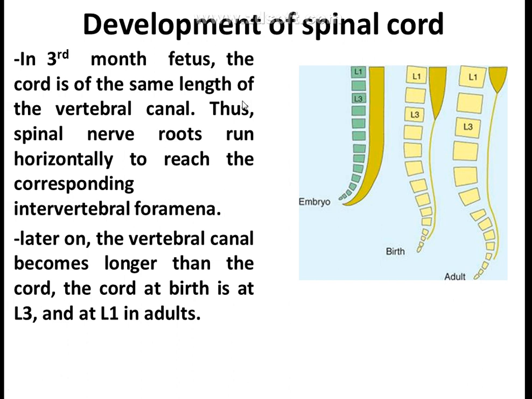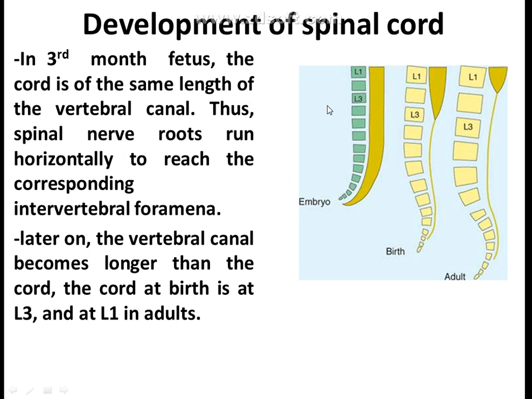This is in the embryo or fetus till the 3rd month of development. In that situation, the spinal nerve, for example this one from the L3 segment of the spinal cord, exits from the intervertebral foramen below L3. So the spinal nerve from the L3 segment will pass below the L3 vertebra via this intervertebral foramen and get out.